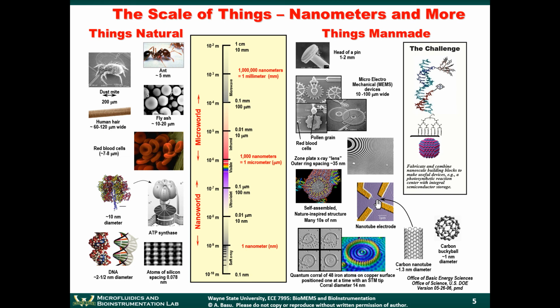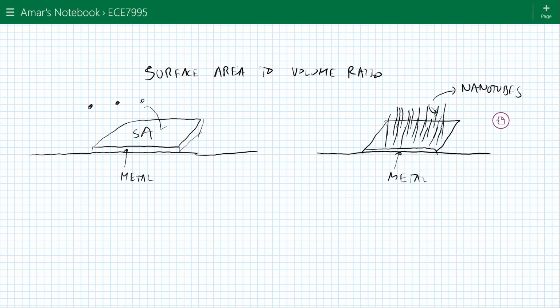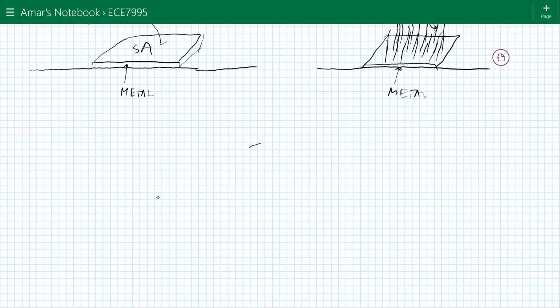On the left here, this is something that you didn't see on the previous slide, ATP synthase. This is a natural protein that occurs in the body. These proteins are on the membranes of cells. If we look at a cell as a big blob like this with a nucleus in the middle, there are certain types of proteins called membrane proteins, and these proteins span the cell membrane.